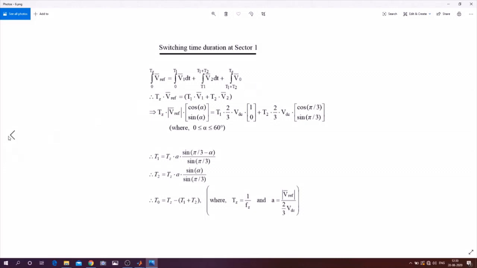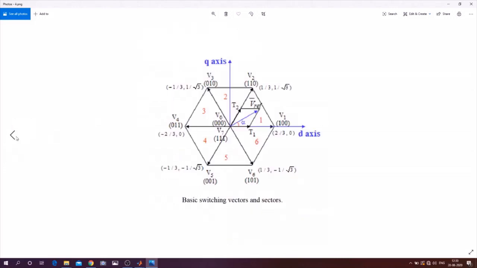How does this equation come? It comes from this part. You see that till T1 voltage vector V1 will be operated. For T2, voltage vector V2 will be operated, and the resultant will be V reference.